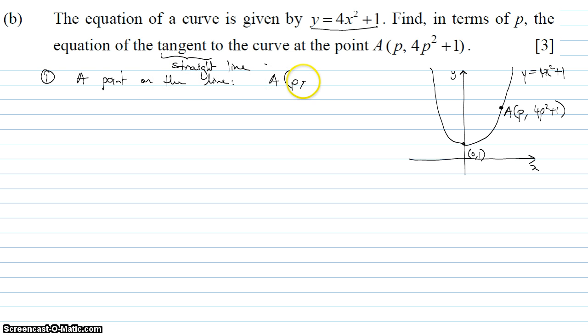A, (p, 4p squared plus 1). It's a tangent, so it must pass through this point. So it would look something like that, sorry, this is not the neatest drawing. And so A must lie on this line.